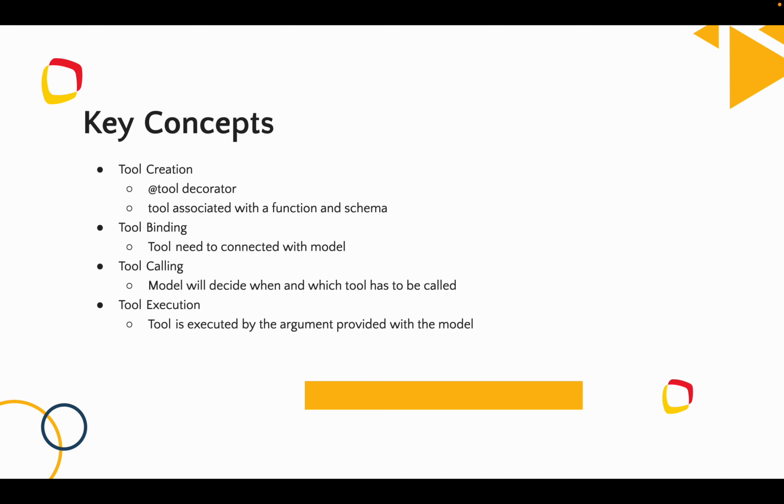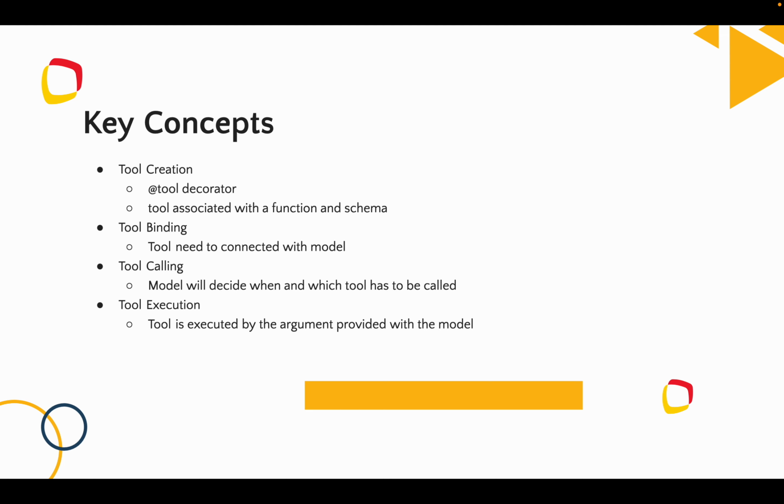There are a few key topics that we need to discuss. One is tool creation, where we'll use the @tool decorator to define a function as a tool. A tool is associated with a function and its schema. Once the tool is created, we need to bind the tool with our LLM model.